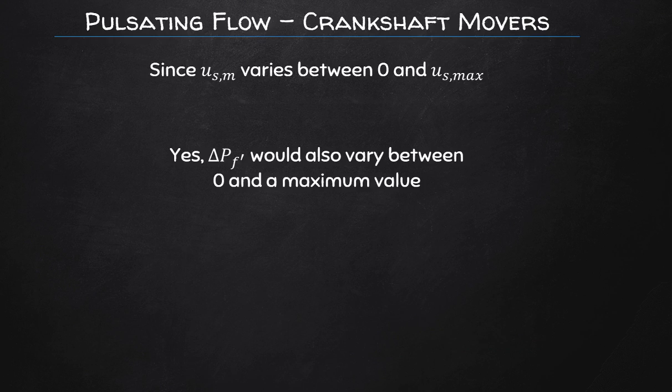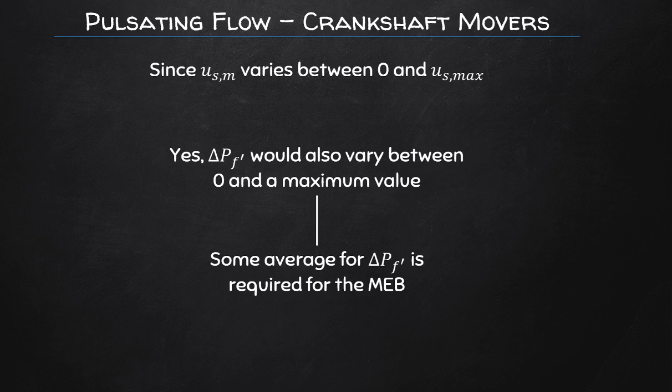Well, yes, of course it will, but obviously to a much lesser extent compared to a single or double acting piston. We'll talk about these different pistons, the single and double acting. But we do not need to include all the variations in pressure. We just apply some average value to account for these changes to the flow rate.